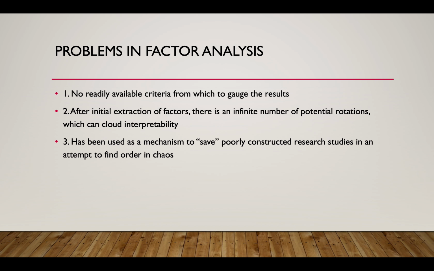So let's start by talking a little bit about problems in factor analysis. First and foremost, unlike every other type of statistical analysis, there is no readily available criteria that we can gauge our results against. So, for example, in regression, right, we have a dependent variable, and we can predict variance or explain variance in that dependent variable. So we have an R squared.